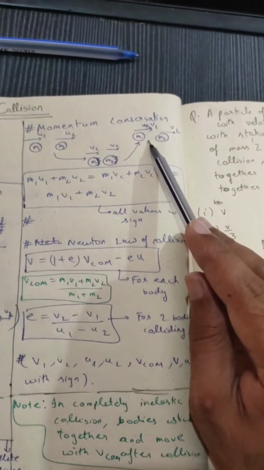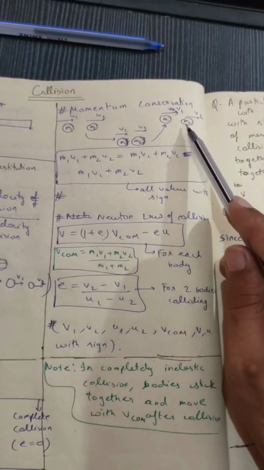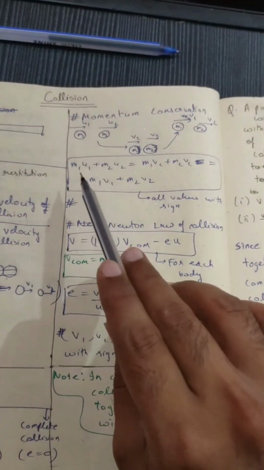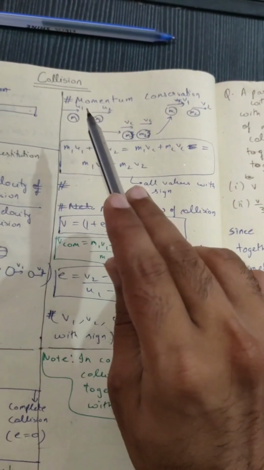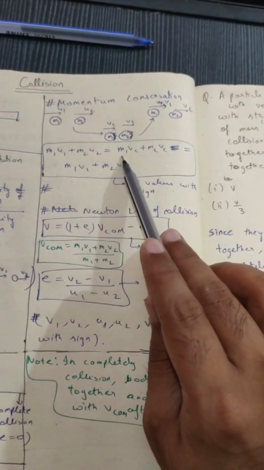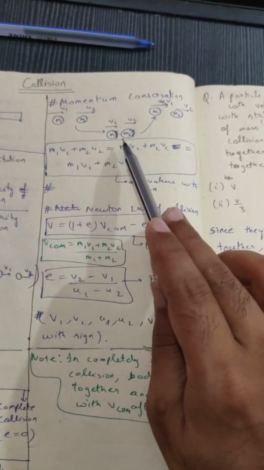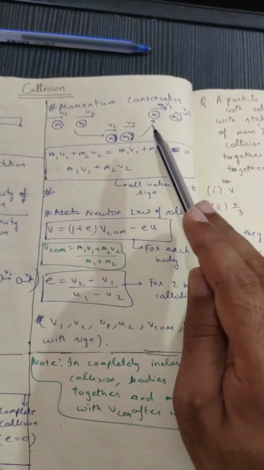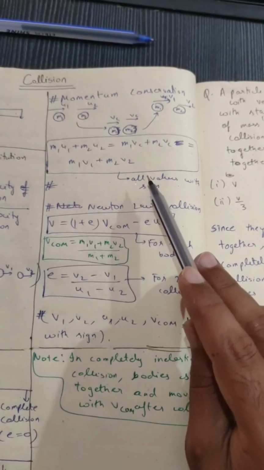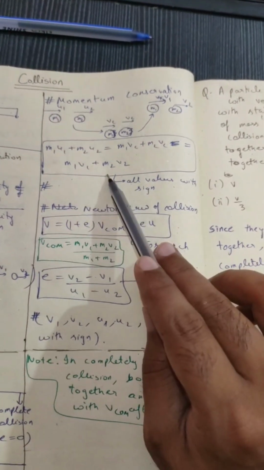Then their velocities become v1 and v2 and the masses are m1 and m2. So momentum conservation says that m1 u1 plus m2 u2, which is the initial total momentum, is equal to m1 vc plus m2 vc, which is the momentum during the collision, and m1 v1 plus m2 v2, which is the final momentum. All these momenta are equal.